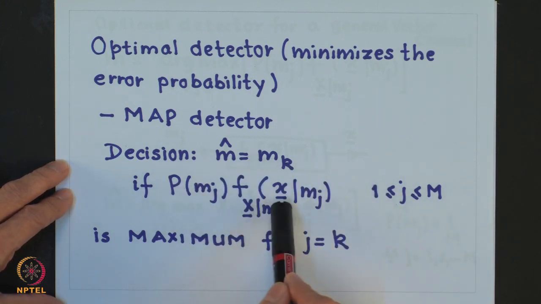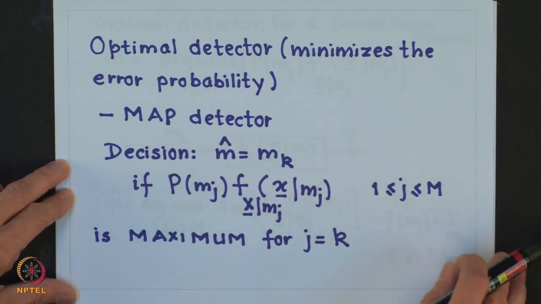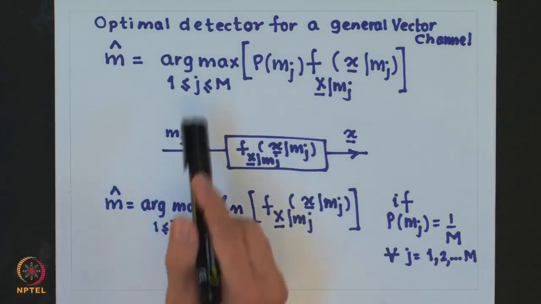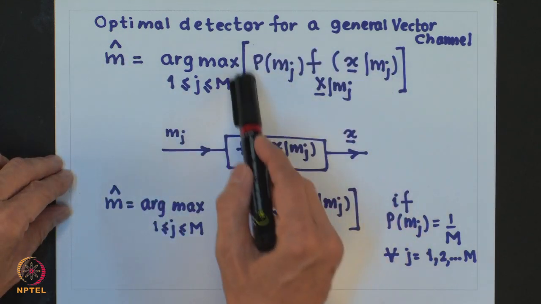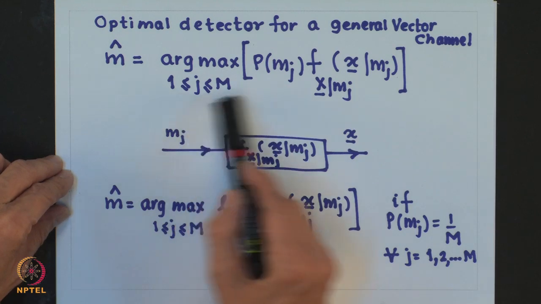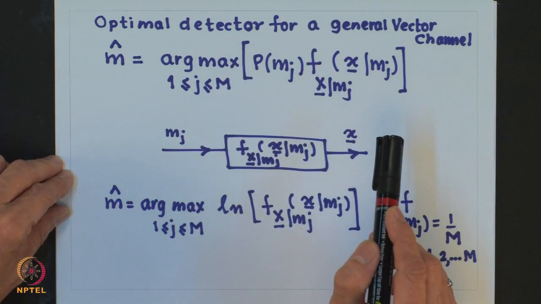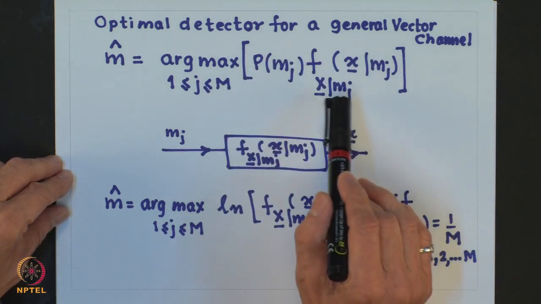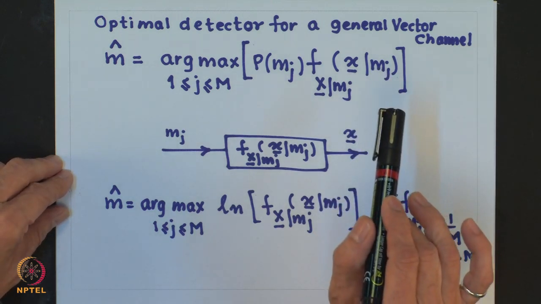turns out to be maximum for j equal to k. So, you evaluate this for all j from 1 to M, and this decision rule can be put in another concise form as written here: choose that argument j such that this quantity is maximized. It is important to note that in this derivation we have nowhere explicitly used the statistics of the noise.